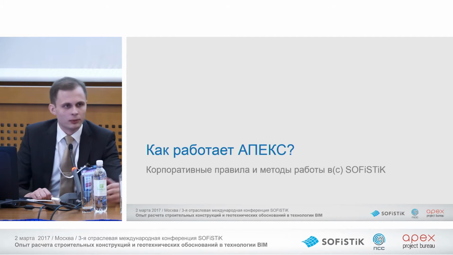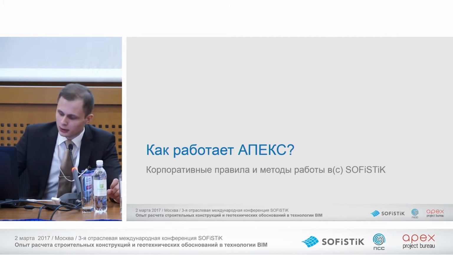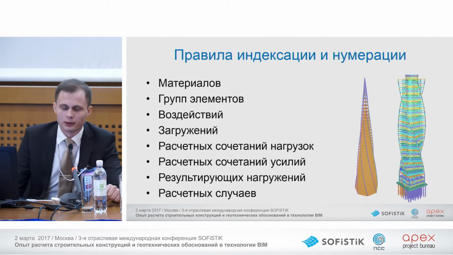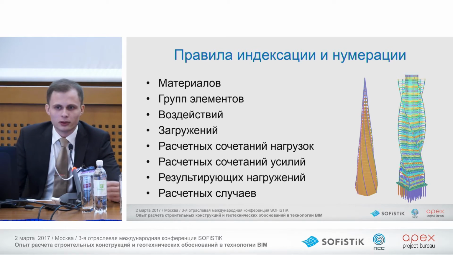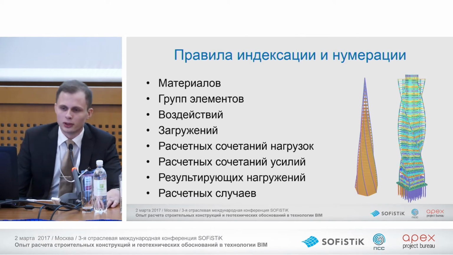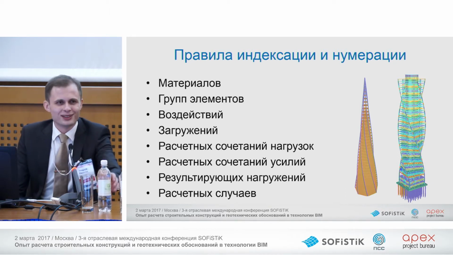To minimize the human factor, we need certain templates. To do that, we must have rules, numeration, indexation rules of materials, groups, effects, loads, combinations of loads and efforts, and so on. I'll show you what we do.